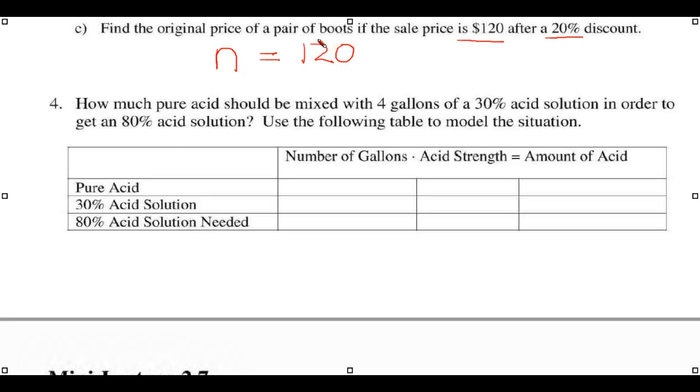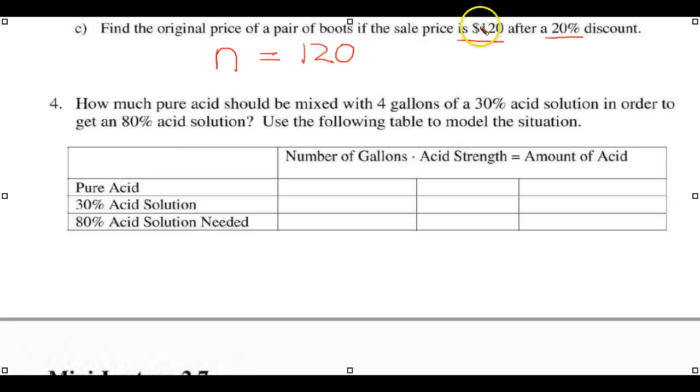Now we know that's not an equation yet because this is not equal. This is the original price. This is what you pay with a 20% discount. So if you're getting a 20% discount, what percentage does this reflect of the original price? Well, if it's a 20% discount, you're paying 80%.